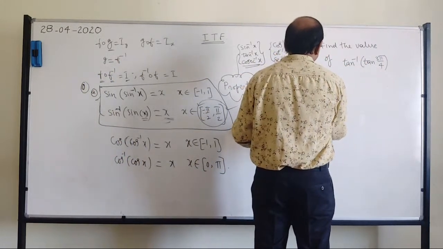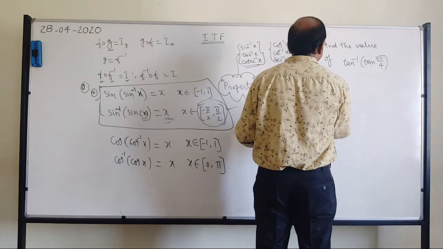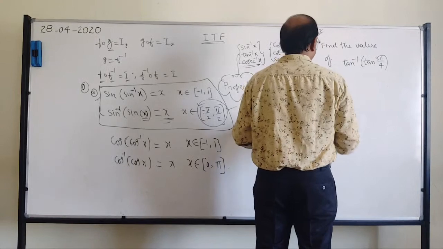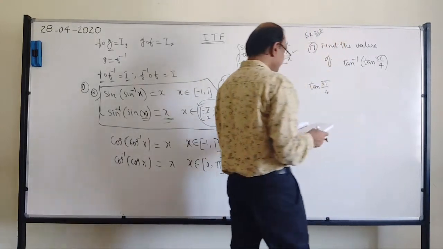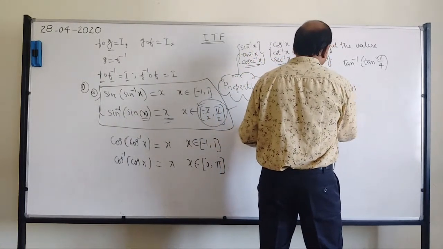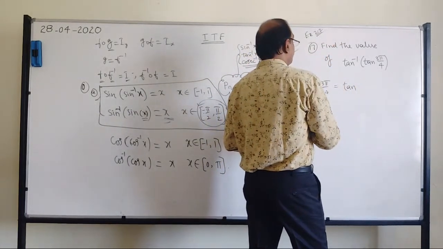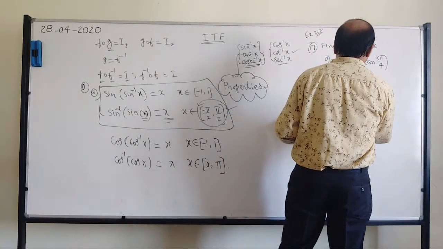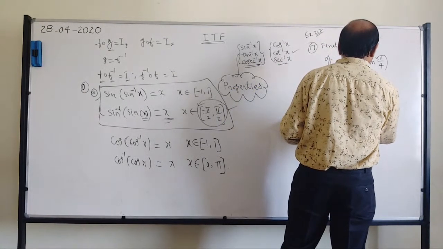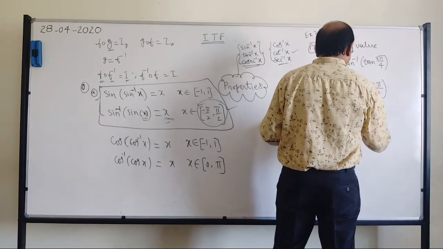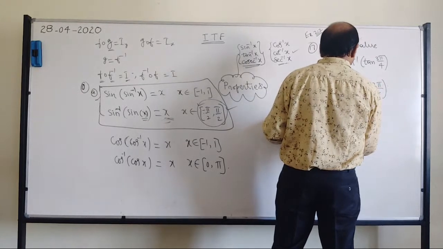Then you can write tan 3 pi by 4. What will you write? Tan pi by 4 is what? 45. 45 into 3 is 135. So tan of 180, that is pi minus 3 pi by 4. Now you tell me, what is this one? It is minus. Some people have given plus pi by 4. That is wrong. Please see this.